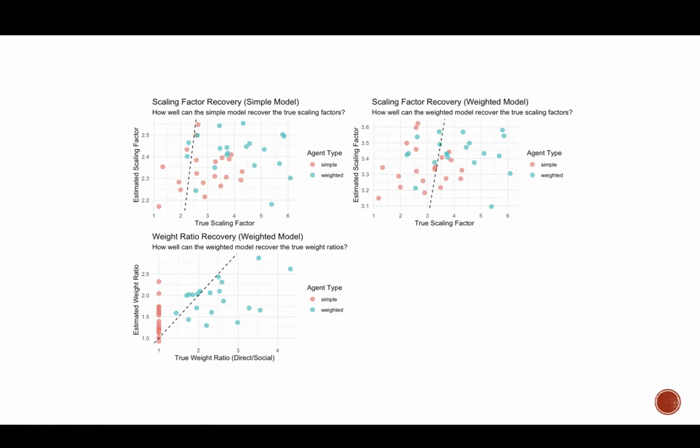Right? The model is clearly not able to reconstruct the true parameter values for this mix of agents, which makes sense because the model assumes that they were all produced by the same mechanism. I could have hoped that the weighted model could reconstruct that the weight proportion for the simple agents was at that level, but it's clearly not able to do that.